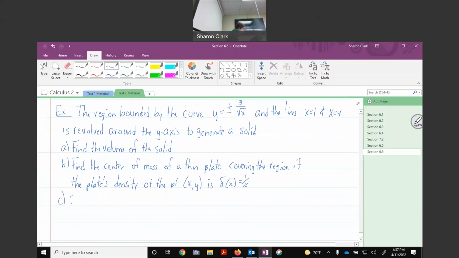C. Sketch the plate and show the center of mass in your sketch.